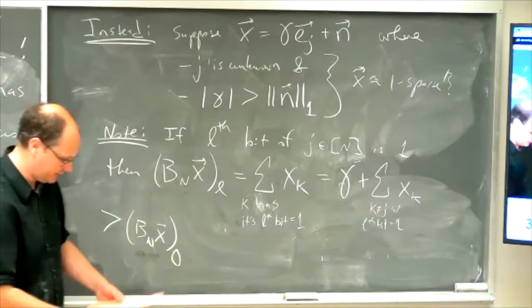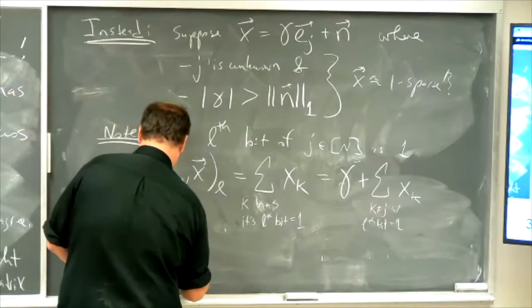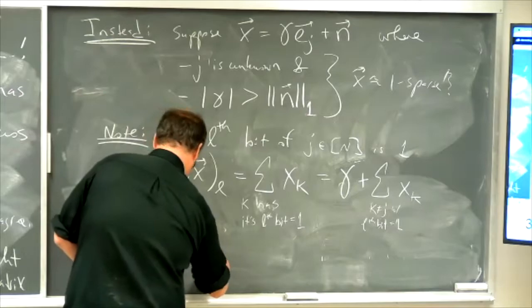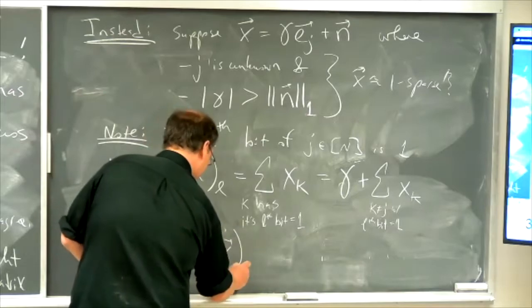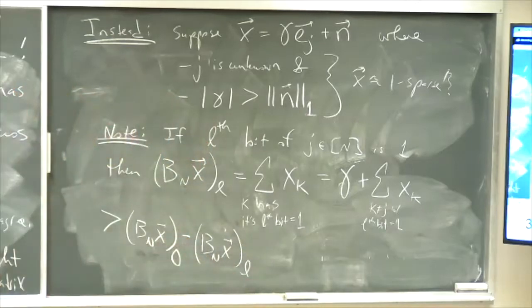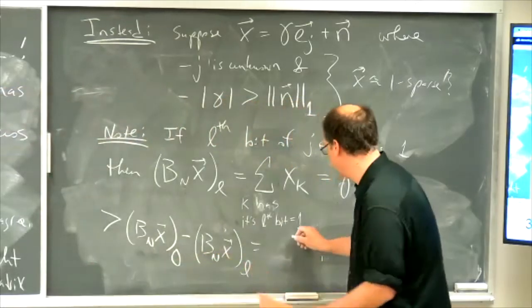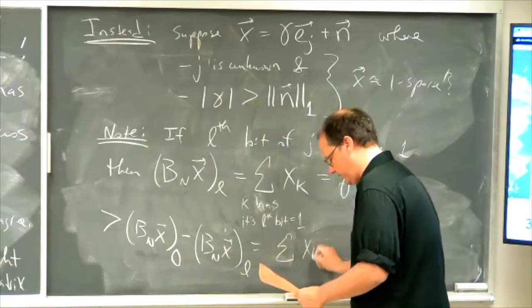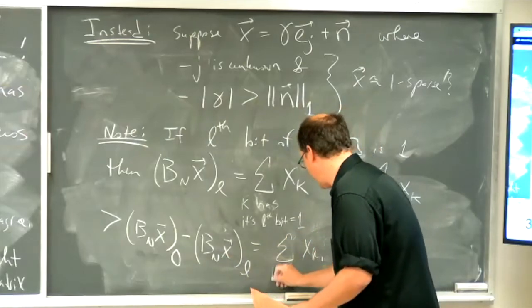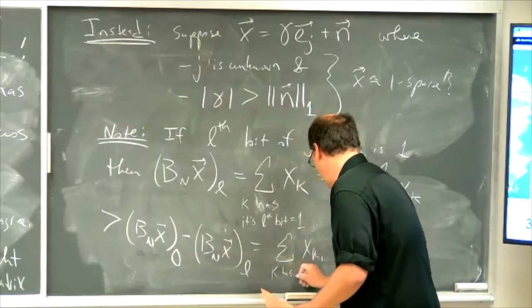We put a row of 1s at the top, and then I'm going to subtract off the nth entry of this guy, right? And this is going to be equal to the sum of all the xk where k has nth bit equal to 0.